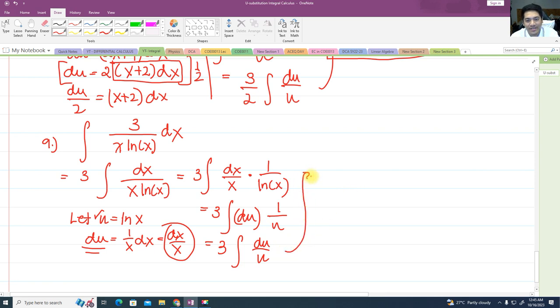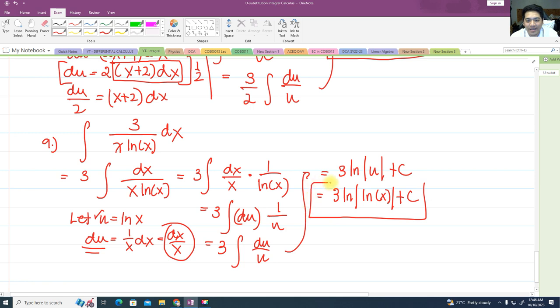So it's very easy. That will become 3 ln of the absolute value of u plus c. Going back to the value of u, what is u? Ln of x. So you have 3 ln of the absolute value of ln of x plus c. So this would be our final answer for this.